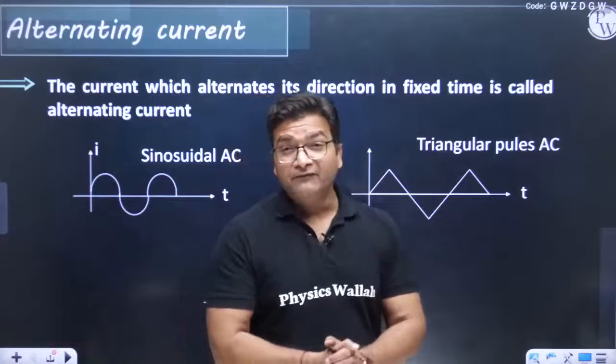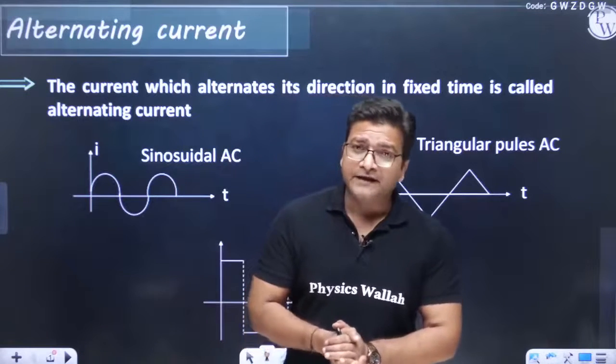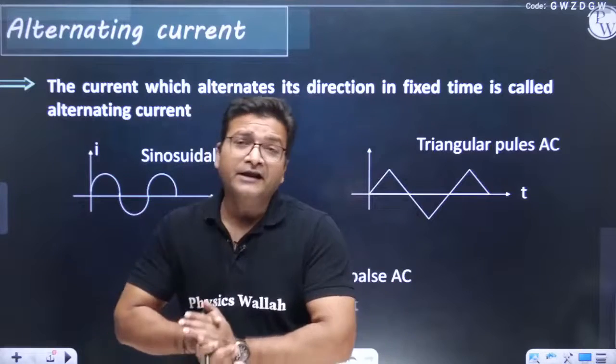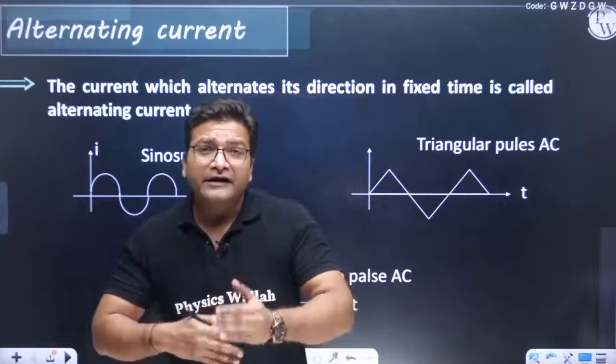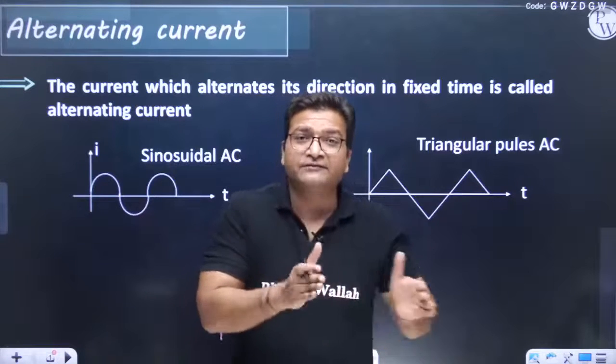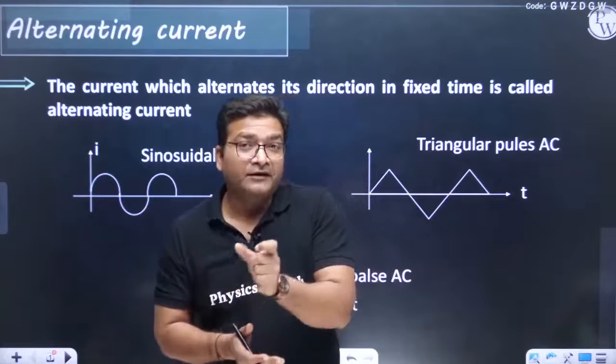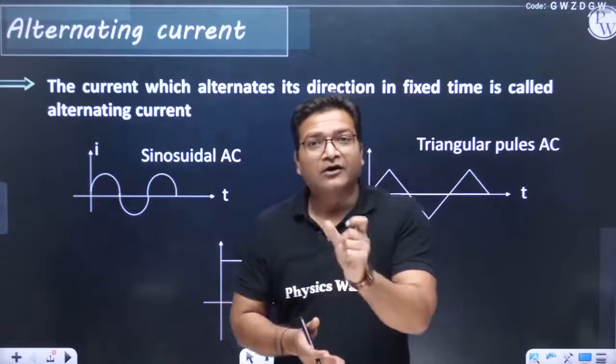Now we will study what are alternating currents or alternating voltages. See, if an alternating current or voltage alternates, or you can say changes its direction, in a fixed interval of time and repeats its shape, then we say the values are alternating.